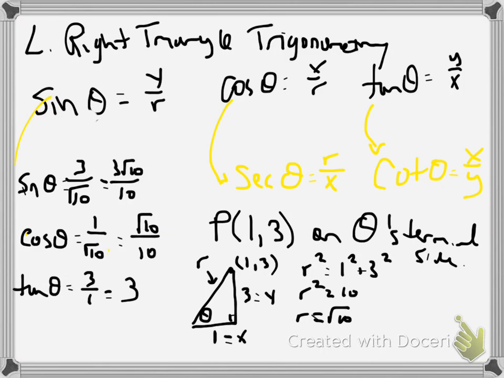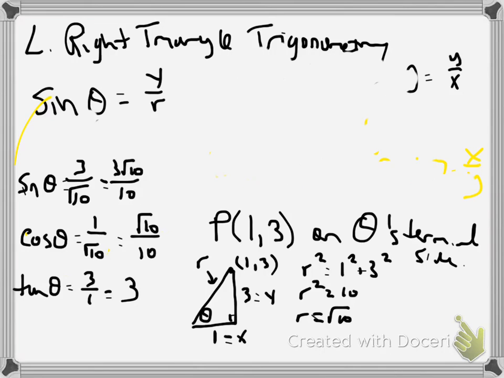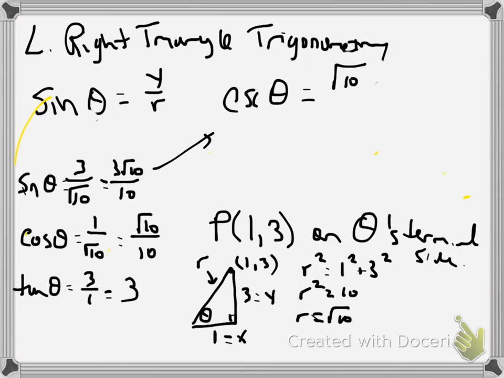Now to get your other 3 values, secant, cosecant, and cotangent, we're just going to use the reciprocal identity. The reciprocal for sine is cosecant, so I'm just going to take root 10 and 3 and flip them over. That's root 10 over 3. For secant, I'm going to take my cosine and flip that, and I get root 10.